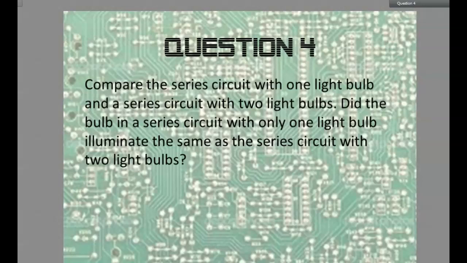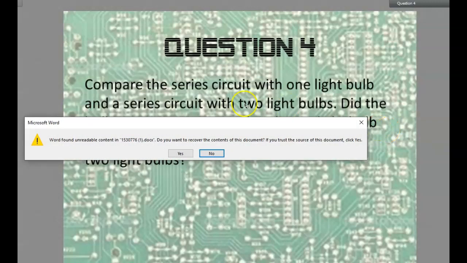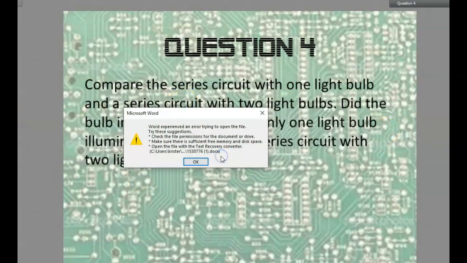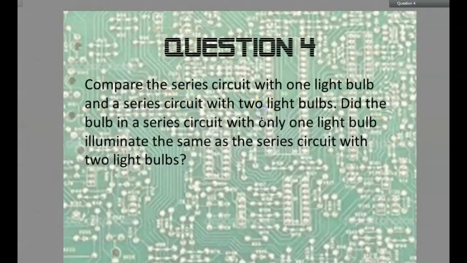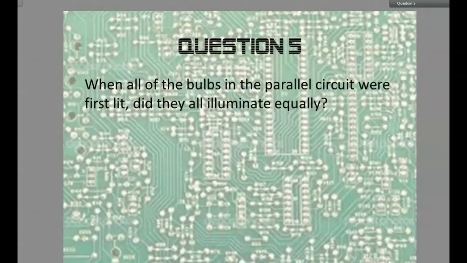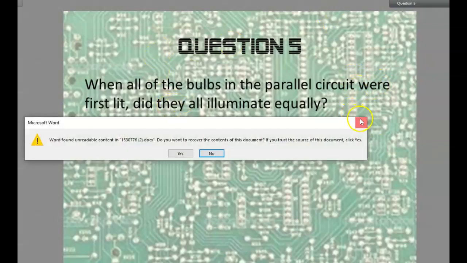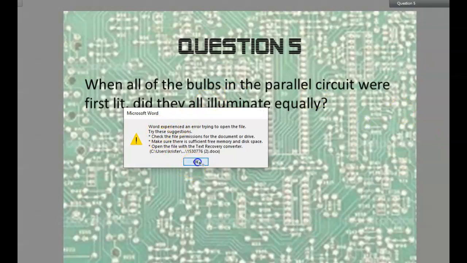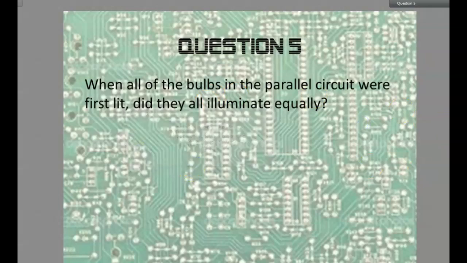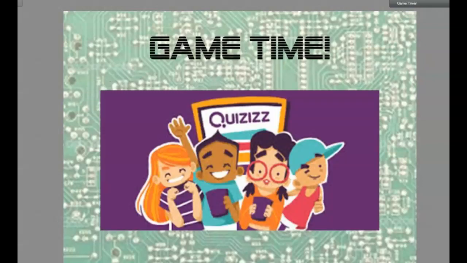Remember, he used the same bulbs, same batteries, but he had two wires on the parallel. So the parallel circuit was brighter than the series. Great. And the last one: they did illuminate equally, and they were brighter than the series circuit.